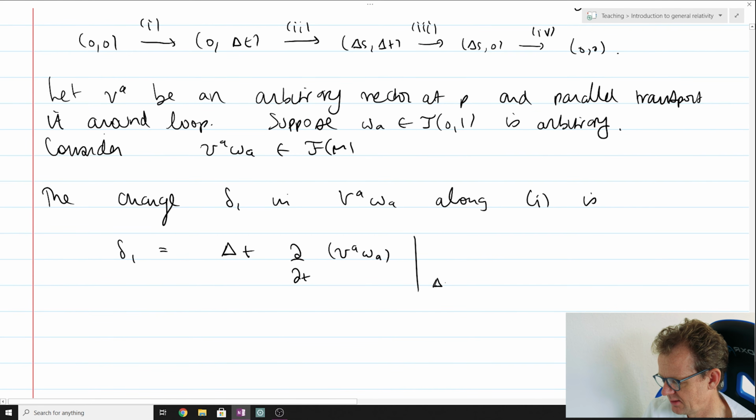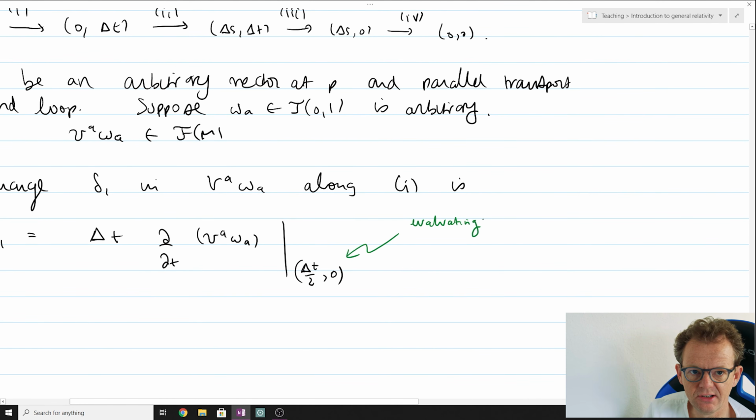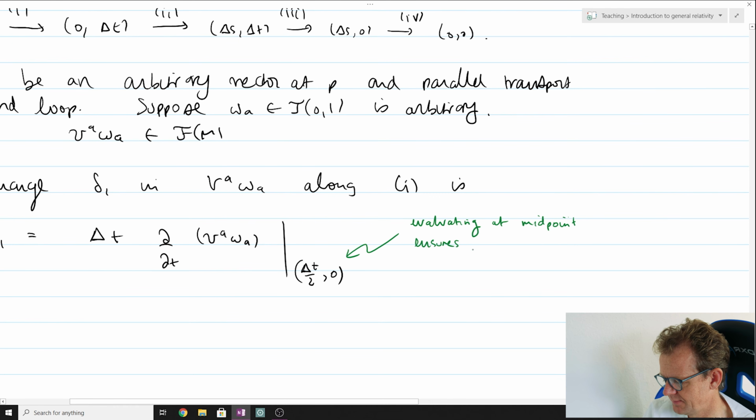And now here's something that may throw you for a second. We're going to evaluate the first order change at the midpoint between the point where we are and where we're going to end up. Now, of course, I said first order up to now, but I lied. In fact, we're going to do this computation to second order. This is one of these rare occasions where you do need to go to second order.